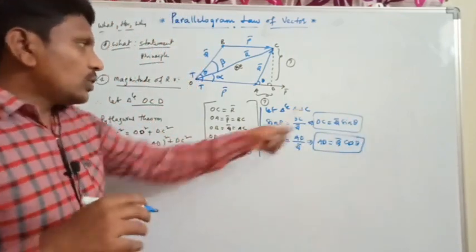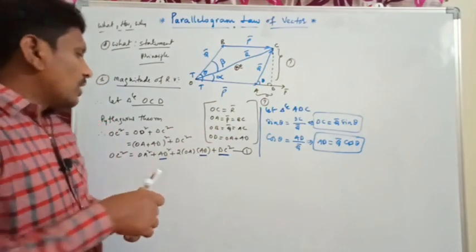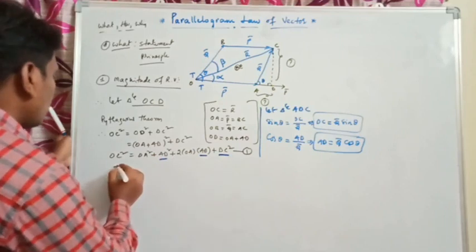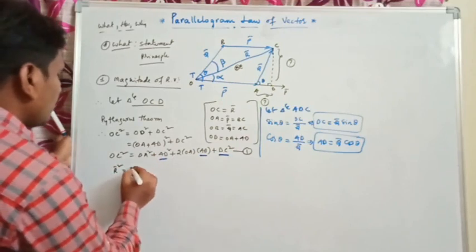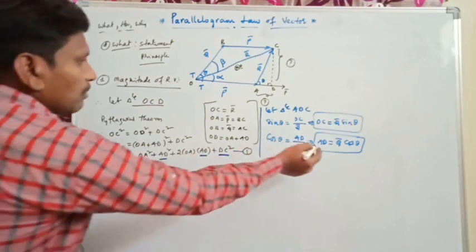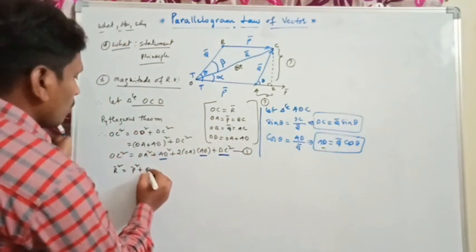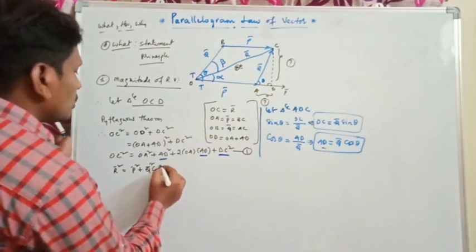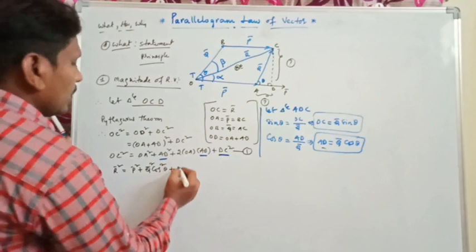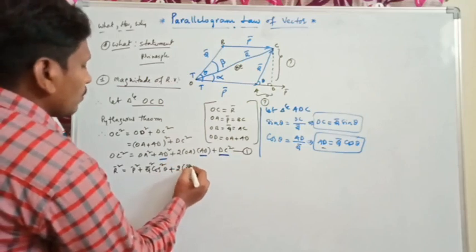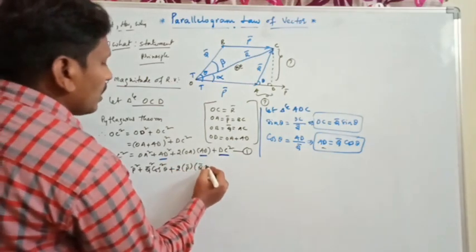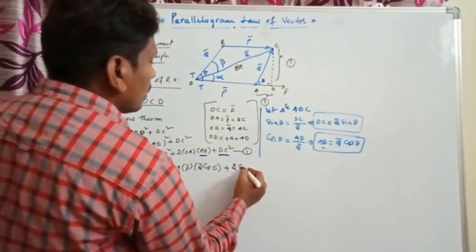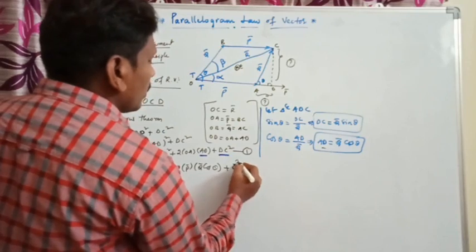Write down these two values in equation 1. Then we will get OC as R bar square, OA as P bar square, AD as Q bar cos theta. Here there is a square, so Q bar square cos square theta, plus 2 OA which is P bar, AD which is Q bar cos theta, plus DC which is Q bar sin theta, that is square.